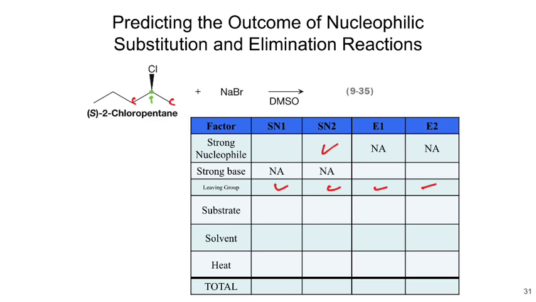Because I know what's important for my substrates, does SN1 work for secondary? Yes. Does it work for SN2? Yes. Does it work for E1? Yes. Does it work for E2? Yes. The secondary substrate is the worst substrate to see on your exam because it works for all of them.